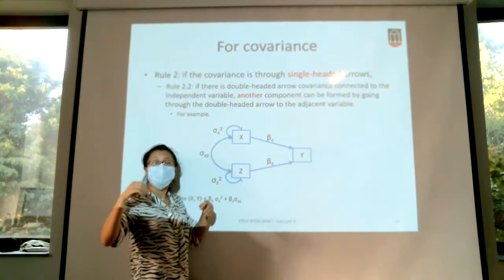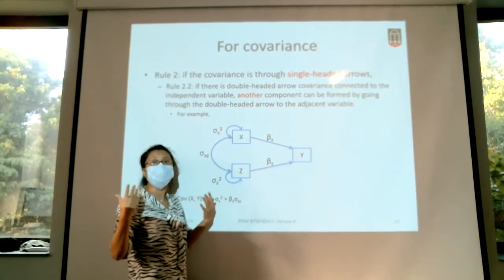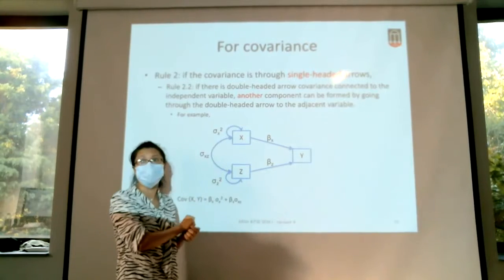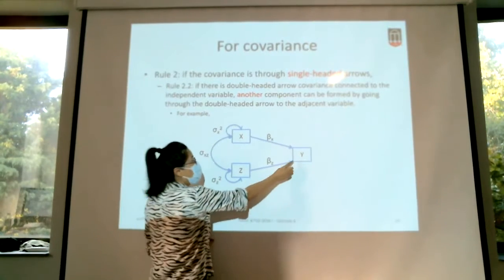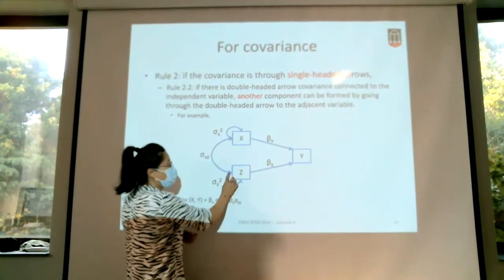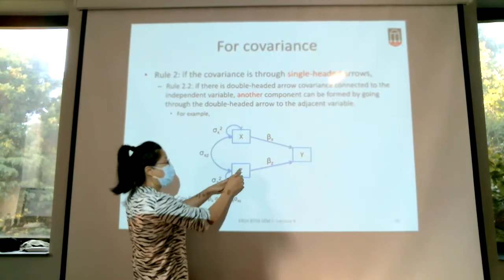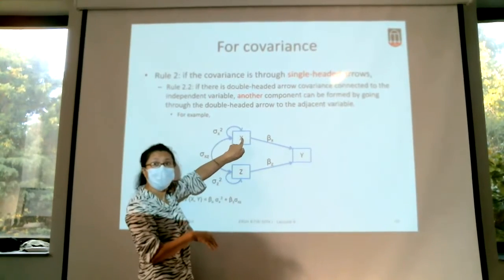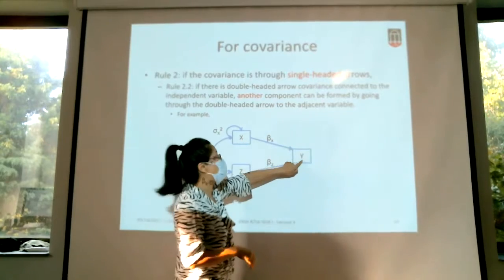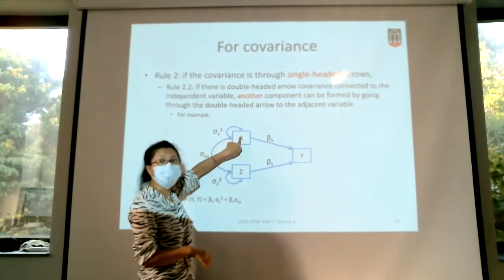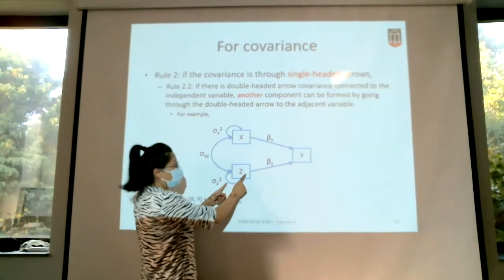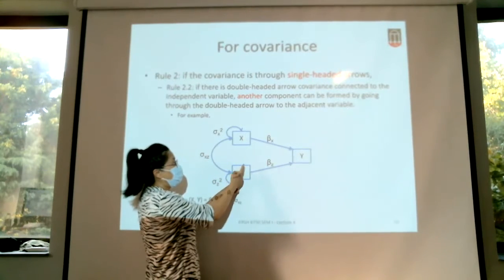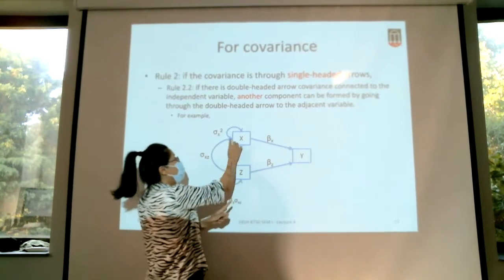The general rule has been violated because you have two double-headed arrows in that case. And then you cannot just stop here. If you use this double-headed arrow and stop here, you didn't reach x, because finally you're going to stop at x. You start from y, you're going to stop at x. So if you use this double-headed arrow and stop here, that's not one component, because you have to go back to x.